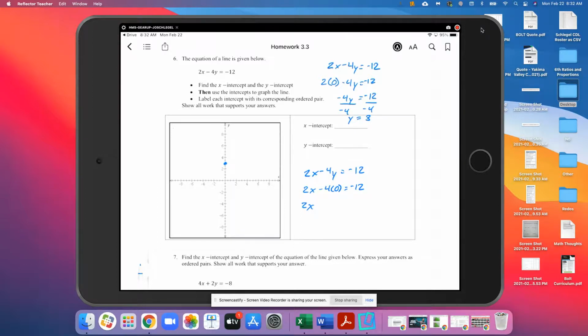Negative 4 times 0 is 0. So that is equal to negative 12. And we divide by 2. x equals negative 6. So the line is going to cross the x-axis at negative 6.